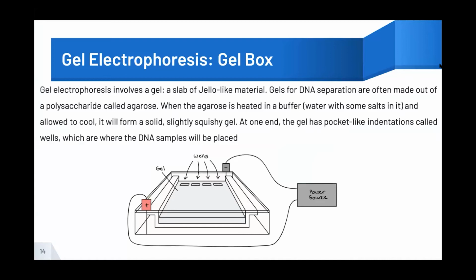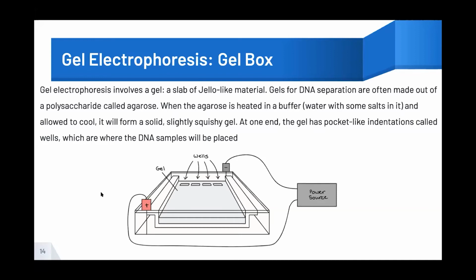It forms the squishy substance that you can see in the image on the side. And the reason why we use agarose is because it forms pores large enough for nucleic acids and proteins to travel through the gel.